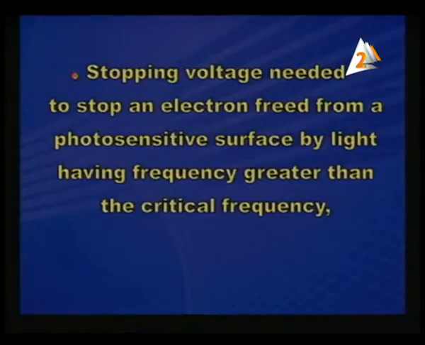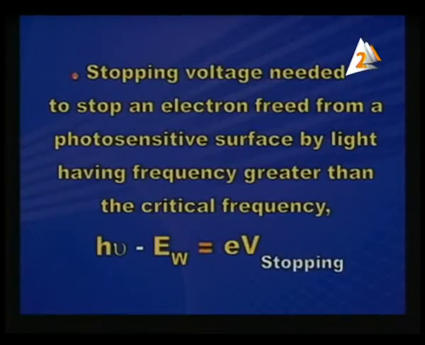The expression that gives the stopping voltage, the voltage needed to stop an electron freed from a photosensitive surface when using light with frequency greater than the critical frequency. Once again, h nu minus EW should be equal to eV stopping, the energy.